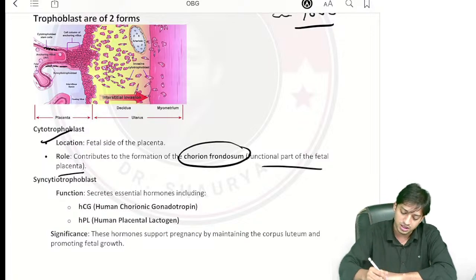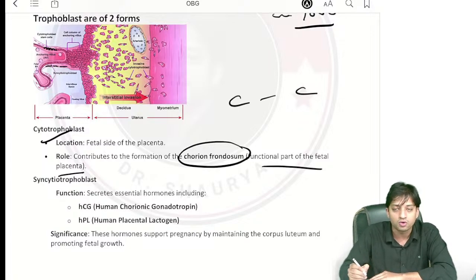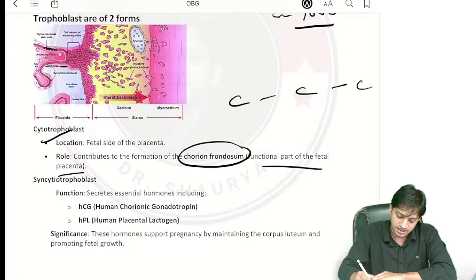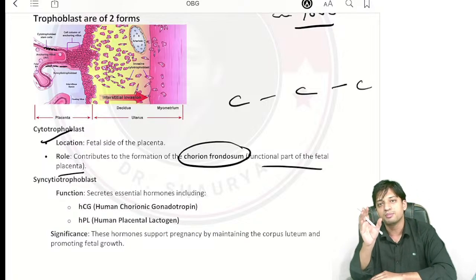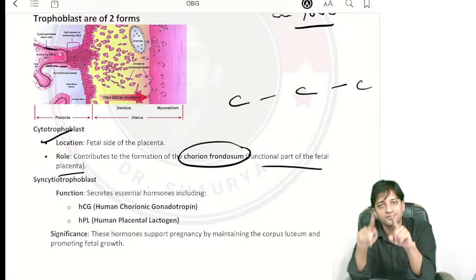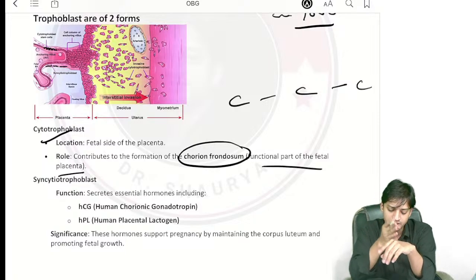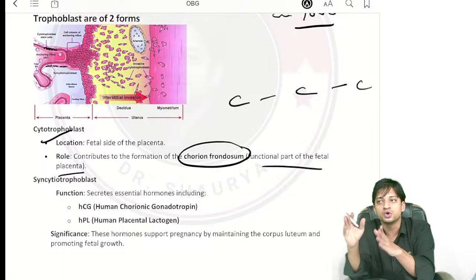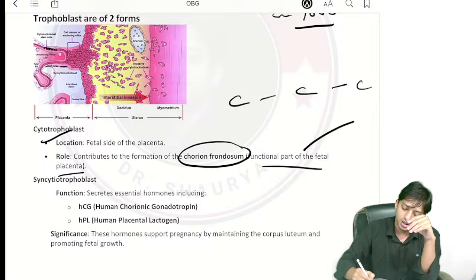How to remember? C for cytotrophoblast, C for chorion frondosum, and C for Chotu's placenta. From the trick you can remember CCC. Even if you forget, they have asked many times. Chotu is the fetus, chota fetus, so the fetal part.